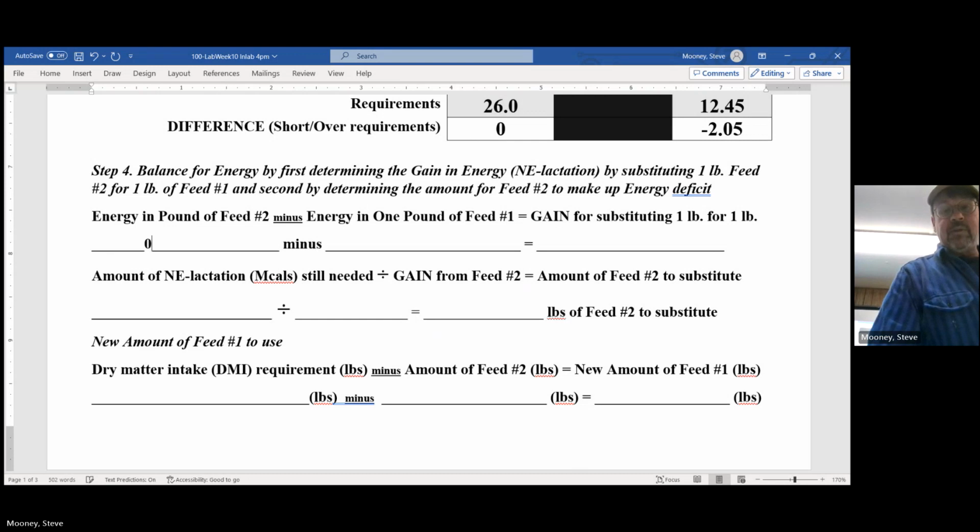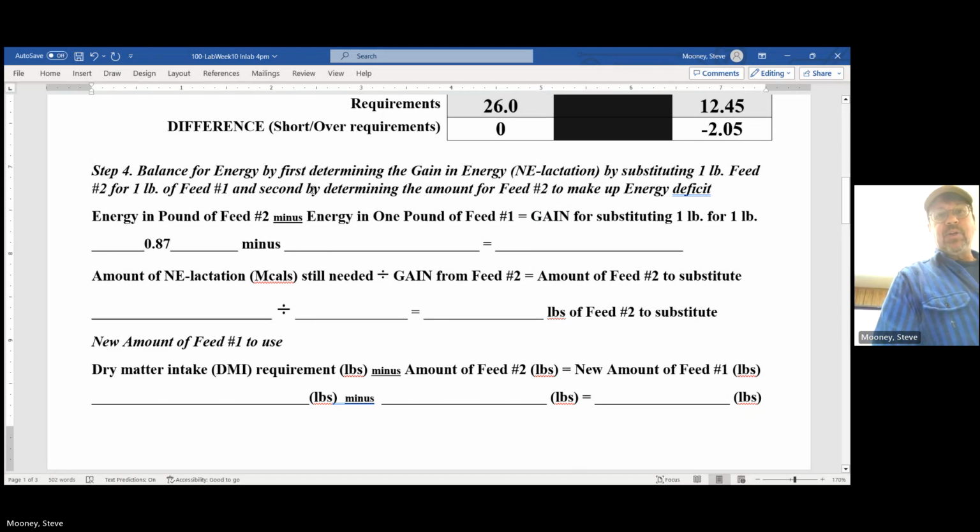0.87. So we just take the megacalorie concentrations. Feed 1, what do we have there? 0.4.